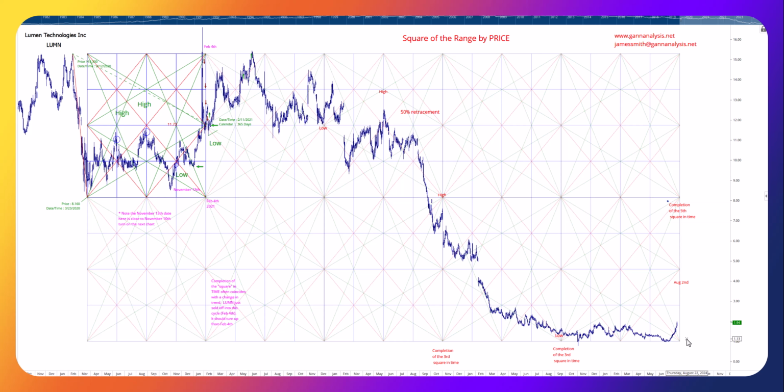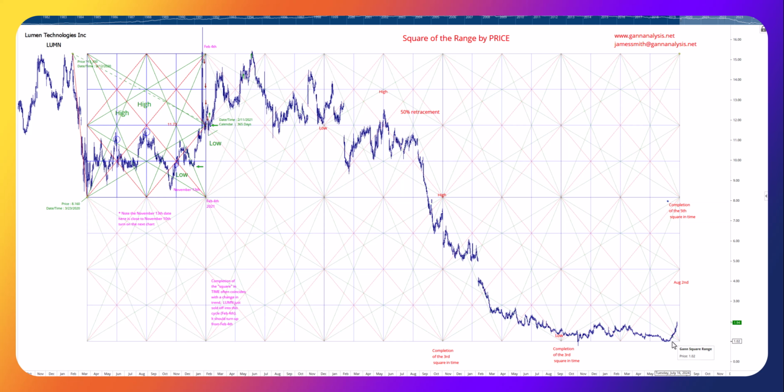But the reality is, even amongst technicians, tell me you could project that low without using the square of the range. What we're saying here is that this swing is somehow connected to the bottom that came into position many years later.